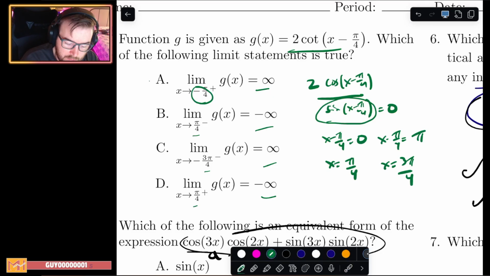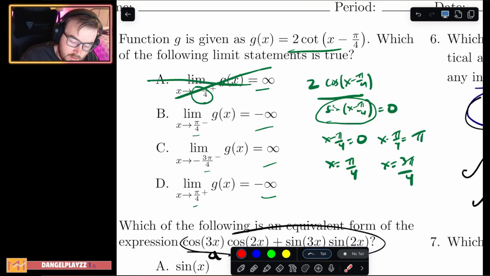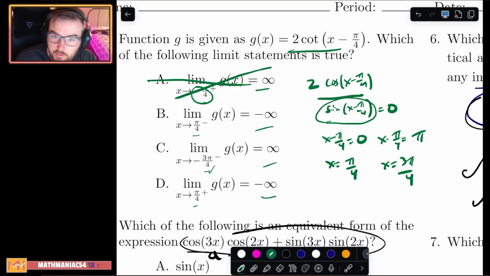So that can't be right. Does that make sense? And now what about negative 3 pi over 4? Because negative 3 pi over 4 minus pi over 4 is negative 4 pi over 4. Sine of negative pi is 0. So I guess that's technically kind of in the running.